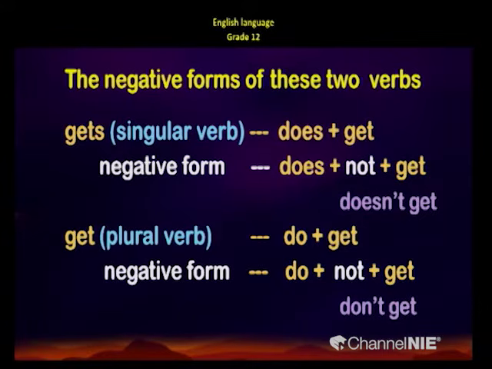Again we can divide get into two parts, do plus get. To form the negative, you put not between these two parts, do and get, and you get the verb don't get. That's how you form the negative form of verbs, singular or plural. I think you have a clear understanding of these two forms of negatives.